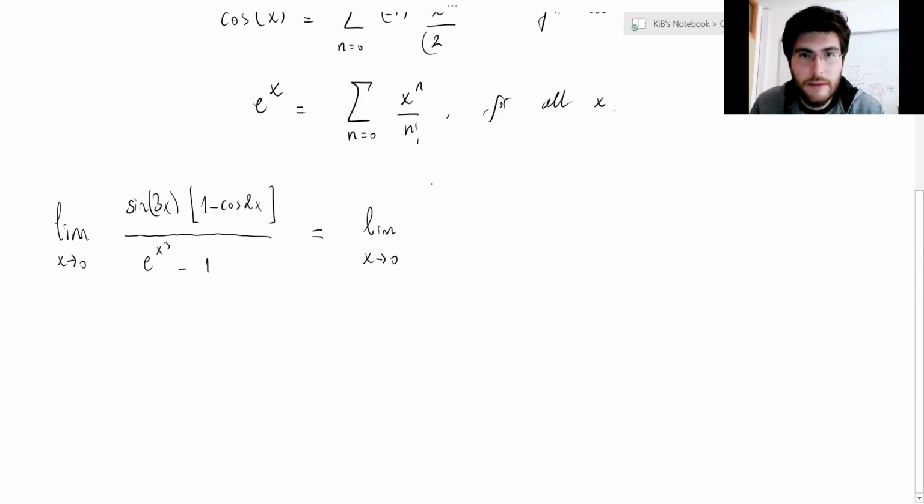For instance, sine 3x. If you substitute 3x instead of x, here is what you have in the first couple of places: 3x minus 3 cubed x cubed divided by 3 factorial plus 3 to the 5, x to the 5 over 5 factorial, and it goes like this.